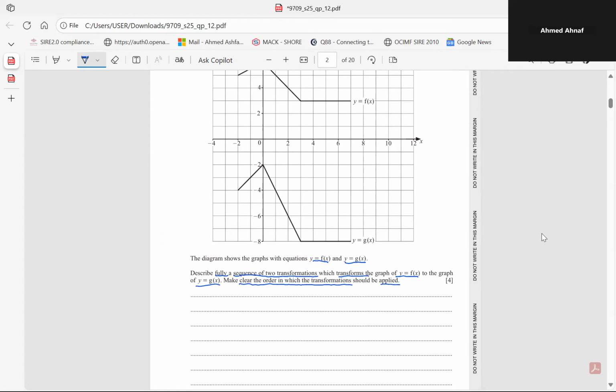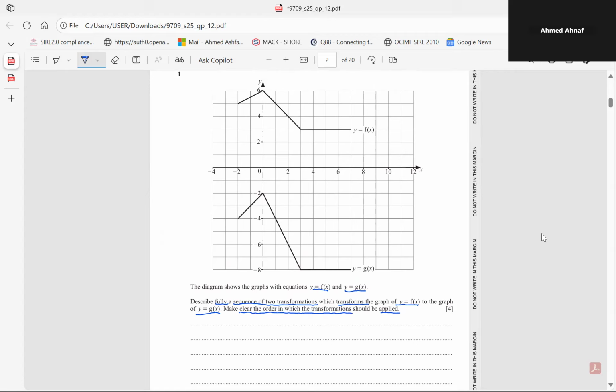Okay, so first of all, as you can see, to transform the graph of y equals f(x) into y equals g(x), you would have to shift it vertically downwards, followed by stretching it vertically with a scale factor.